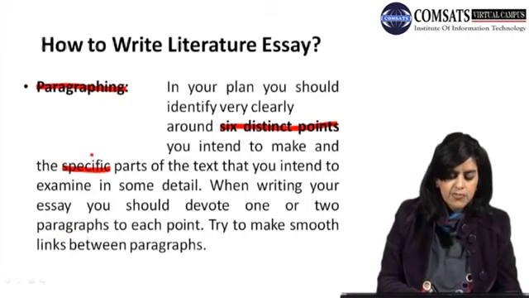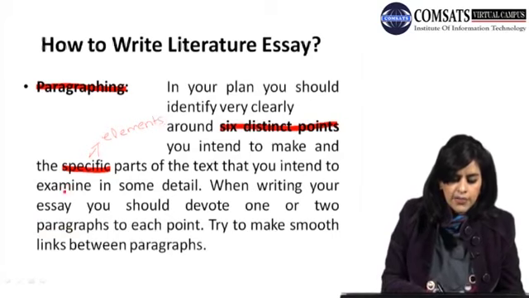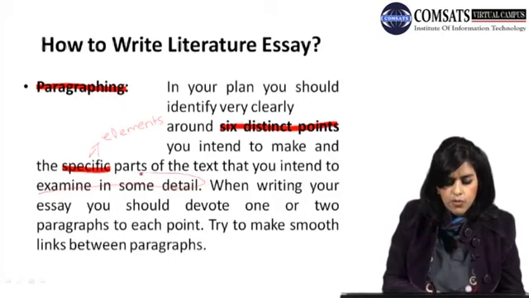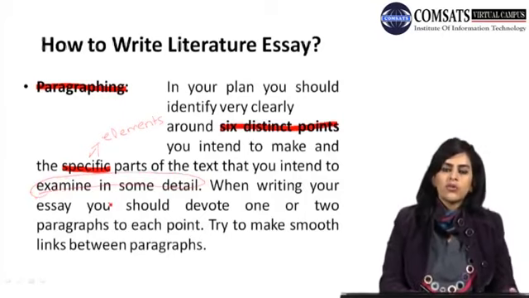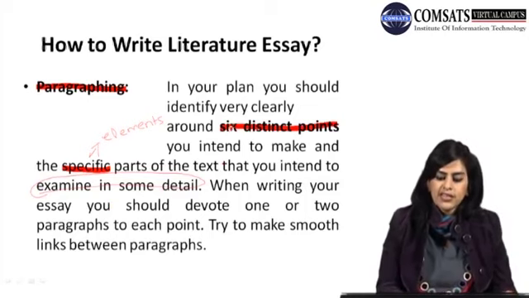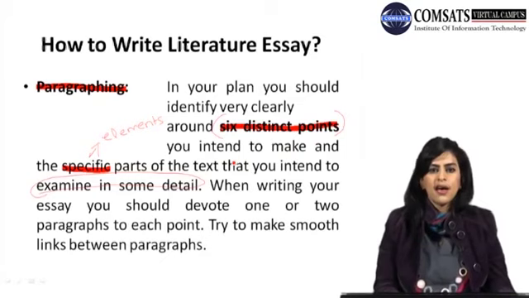So this specificness of any piece of literature has to do with the elements you intend to examine in some detail, which are supposed to be kept in mind while you write one good literature essay. As I said, it should revolve around 6 distinct points.